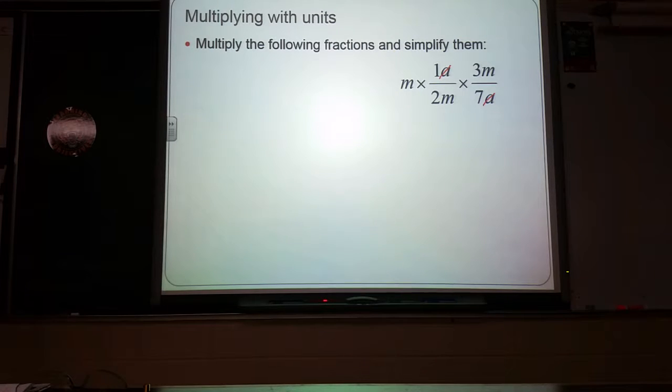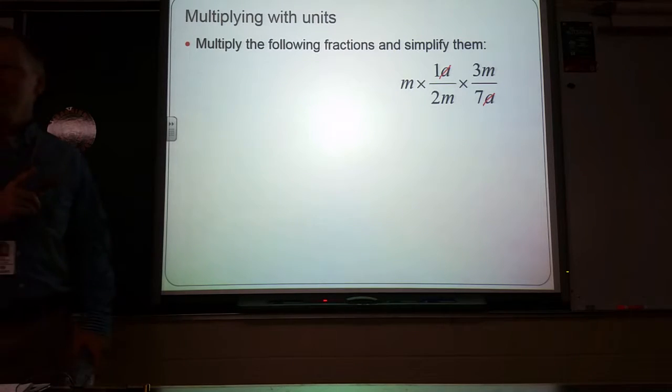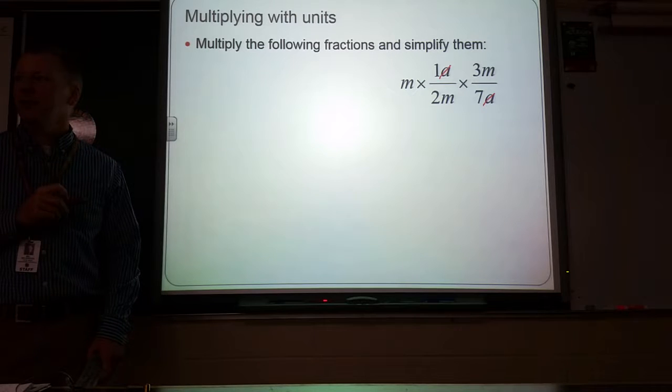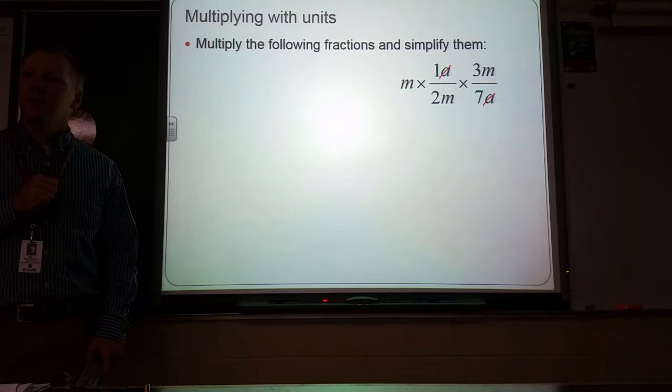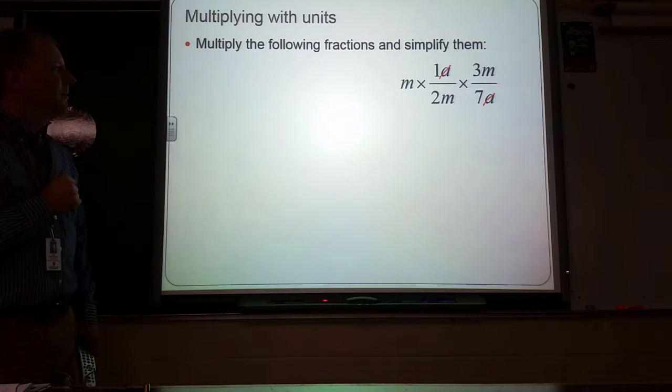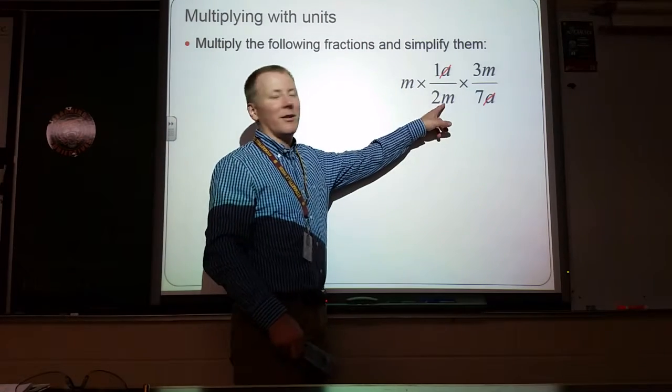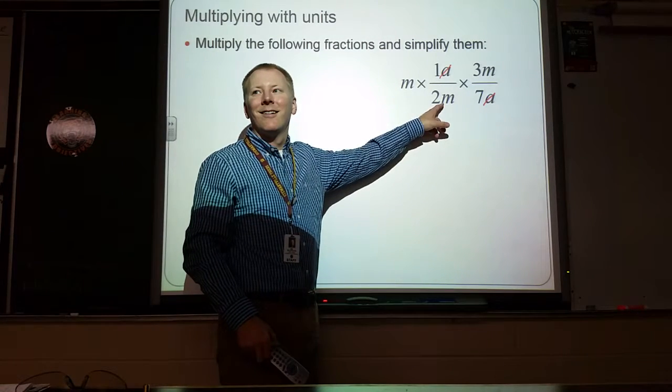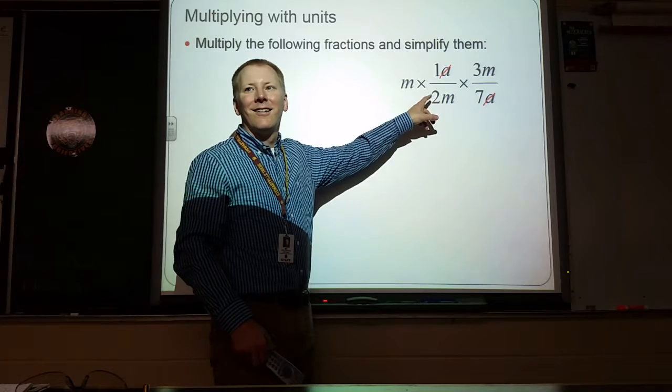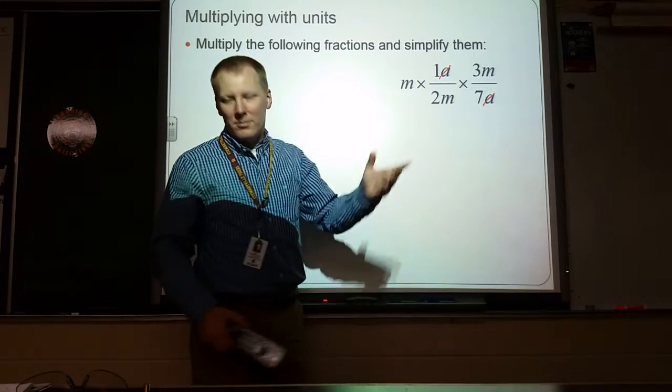I see some people shaking their heads, so we need an explanation of why. Because you can't cancel out the 3. Why not? It's on the top. But we have an M down here, and that one gets canceled out with the one on the top.